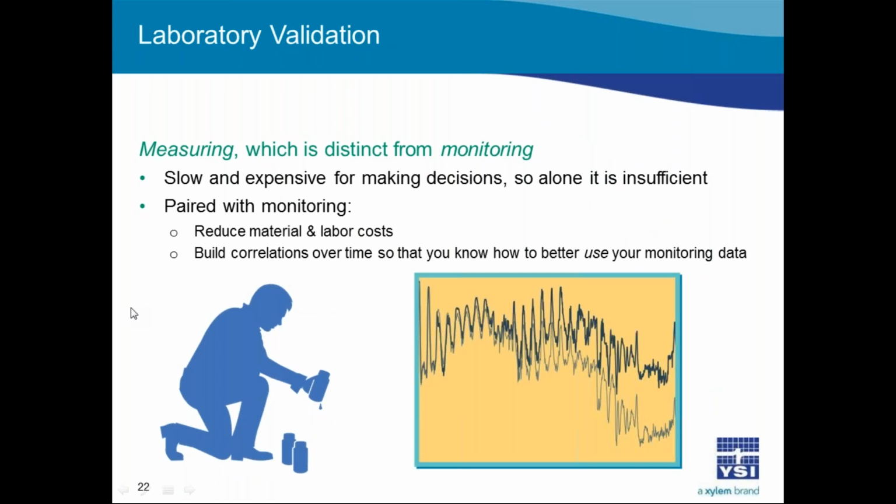You might do a pigment extraction. That is actually really slow and expensive if you had to do that all day, every day, the way a sonde is monitoring for you.